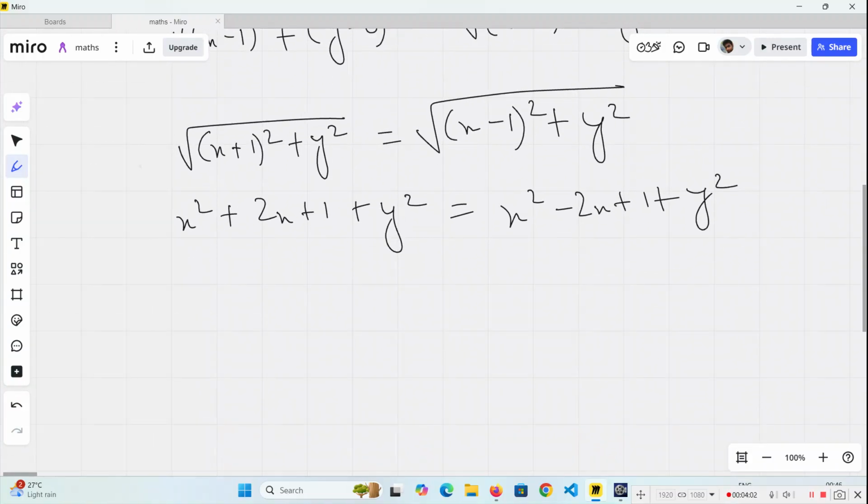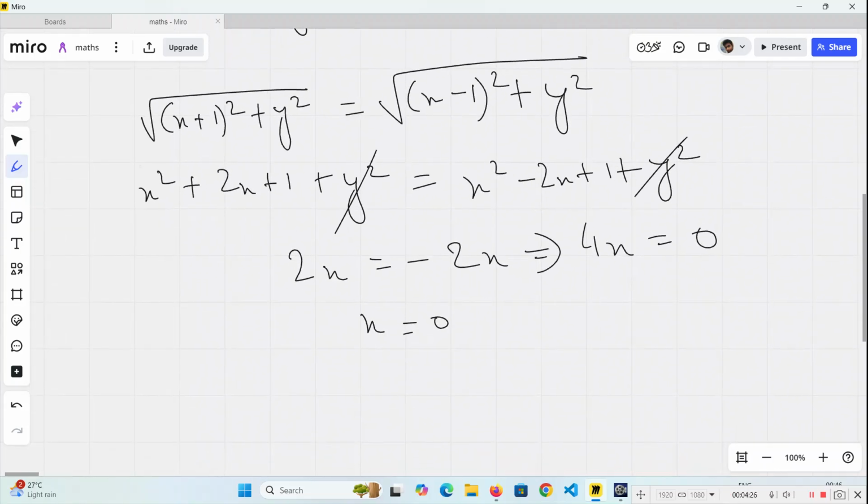Now I can see that y square will be cancelling out, so we'll be remaining with 2x equals to minus 2x, and that is 4x equals to 0. Now x equals to 0.